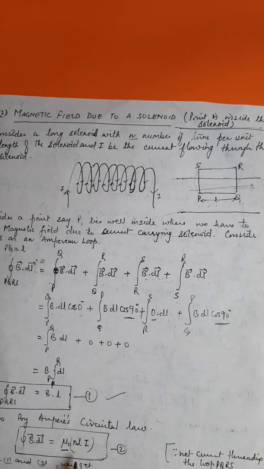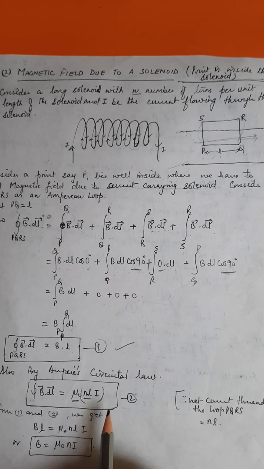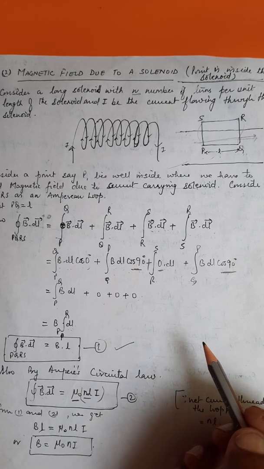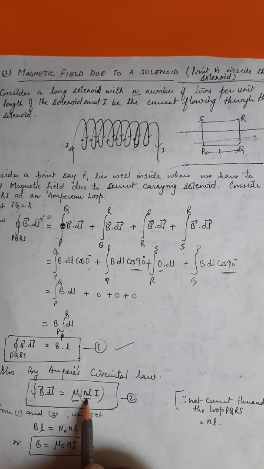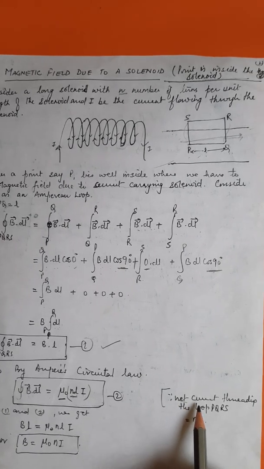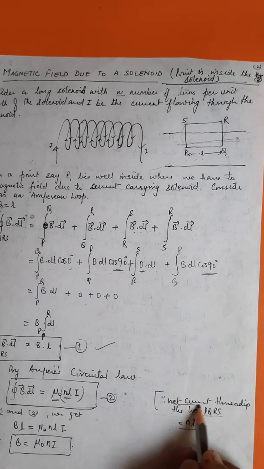What is the total number of turns threading the Amperian loop? It is nL. So the net current will be equal to nLI.